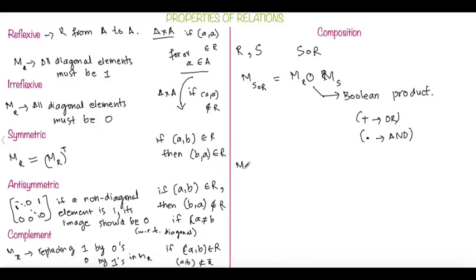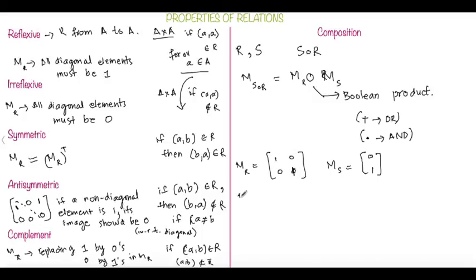So let's see an example here. Let's say our MR is equal to 1 0 0 0, and MS is equal to 0 1. Okay, this is not very interesting, so let's do this one.